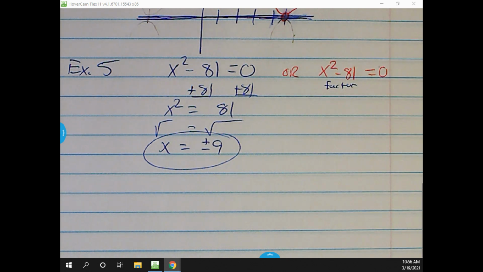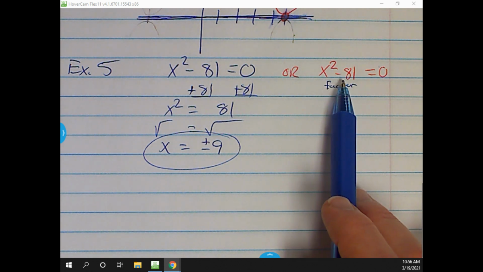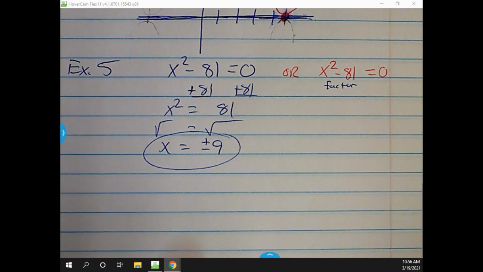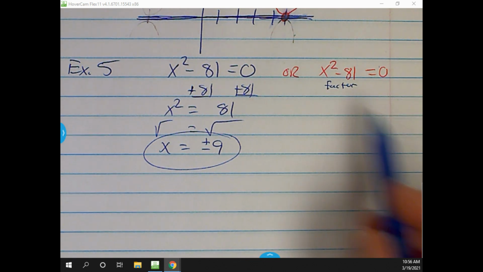What about if we try to factor this one? Remember, if you've got two terms, there's not a greatest common factor, but anybody remember what the other option was for factoring with two terms? It was the difference of perfect squares. So basically, it's like the square root property, but it's the difference of perfect squares.